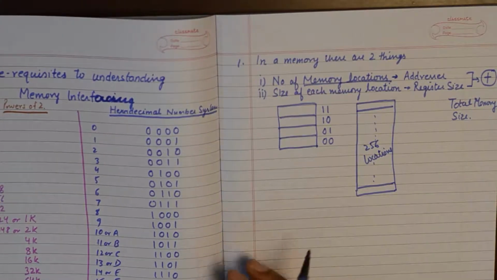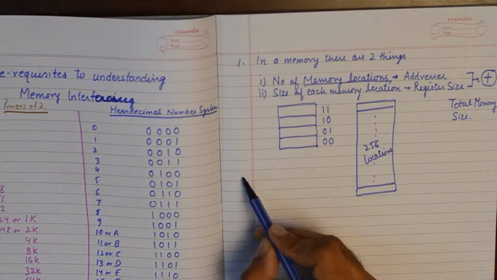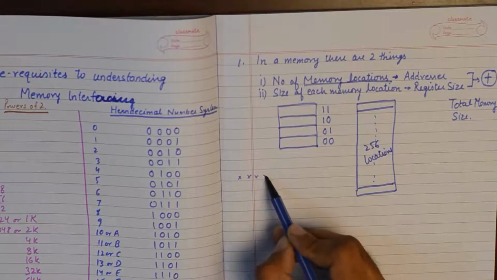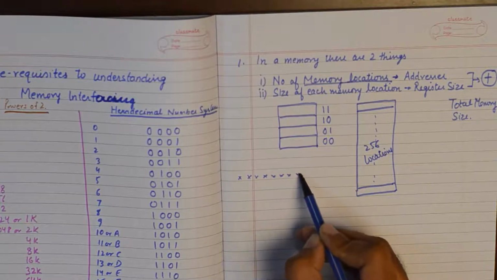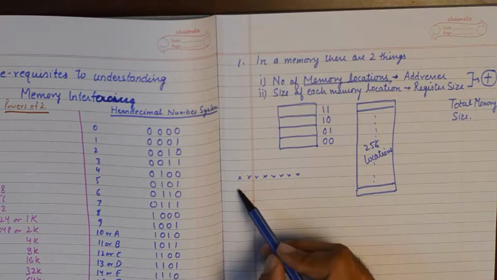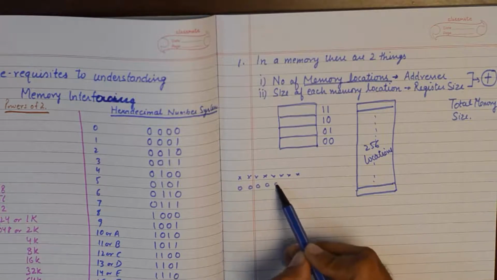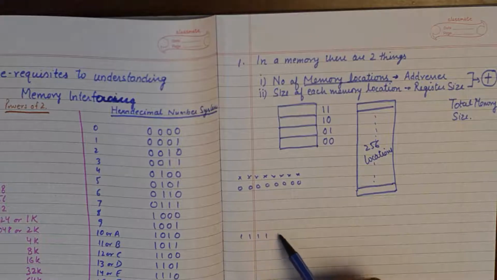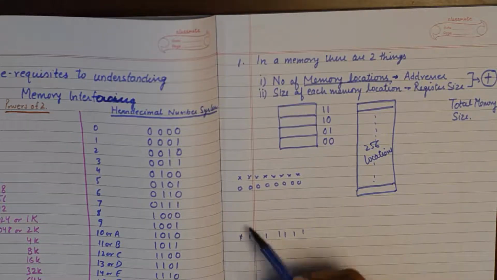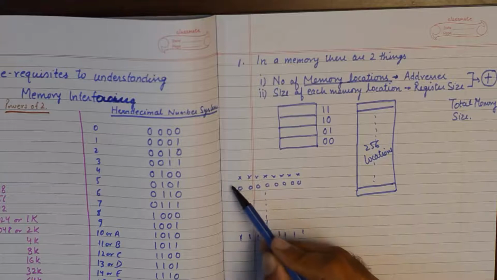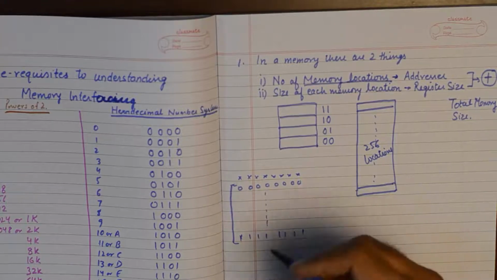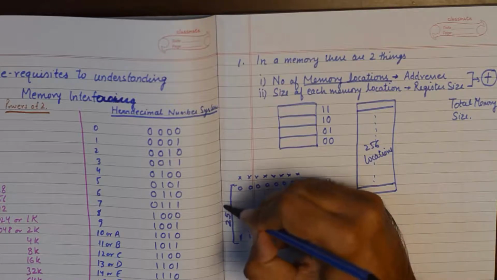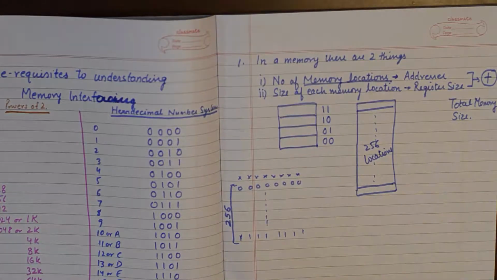And if we use 8 different bits, they'll go from all zeros to all ones, and if you count the total number of different combinations they make, they'll turn out to be 256.